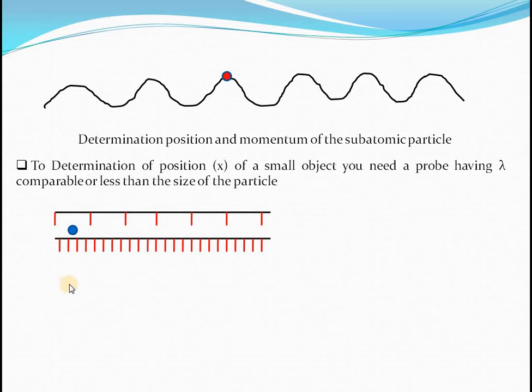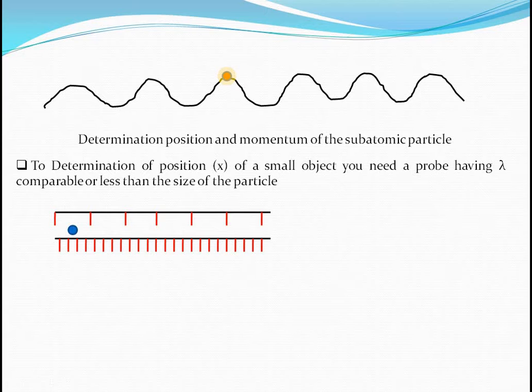So we can understand that to get a very precise value of the size of this particle, we should have a ruler whose gap between two successive lines is as small as possible. Similar thing happens here also. If we want to determine the position of this particle very precisely, we should use an electromagnetic probe whose wavelength is as small as possible.